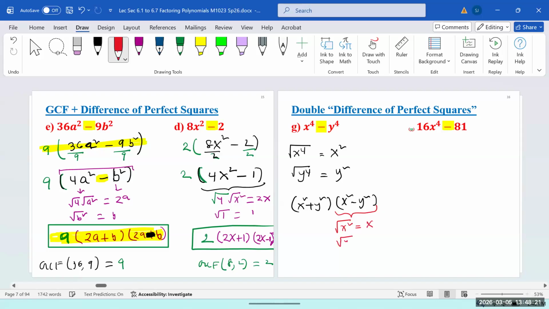And the second term is y squared. What is the square root of y squared? y. So what two factors do we get? x minus y and x plus y. But we cannot forget about what?